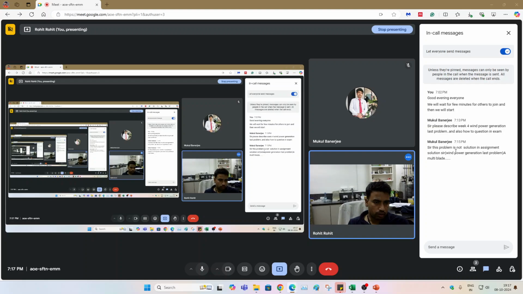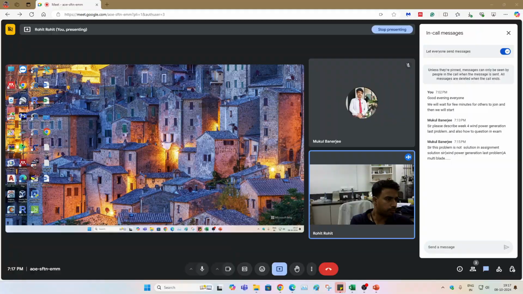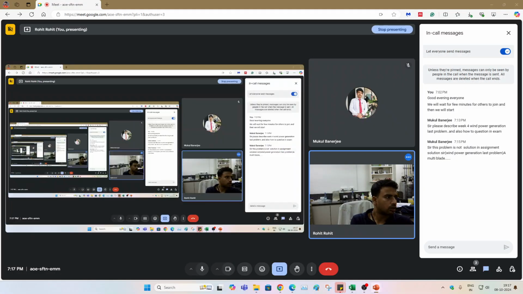So this problem is not in the assignment solution. Wind power generator, last problem. A multi-blade. I am not getting the actual question, because I have the previous question.